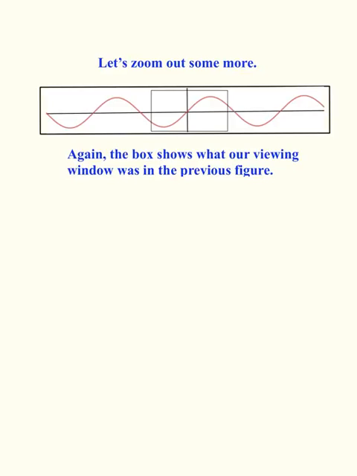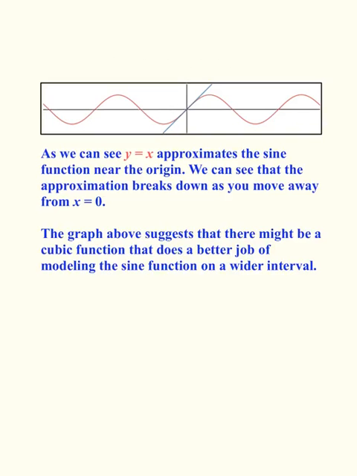If you zoom out some more of that original graph, again, this box shows the viewing window that we had a second ago. This gives you a little better idea of what that graph actually was. Now, as we can see, y equals x, the blue line right here, does approximate the sine function near the origin.